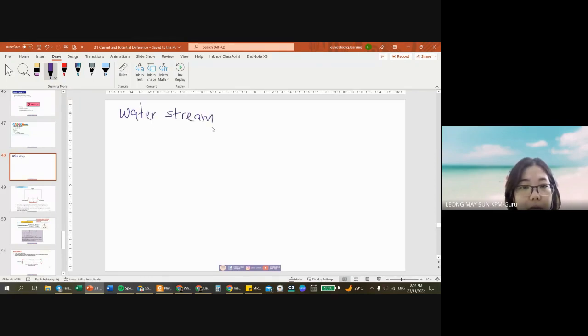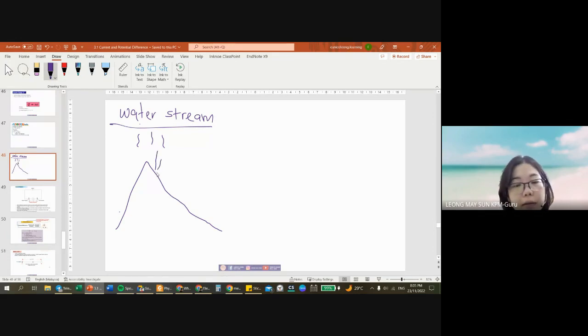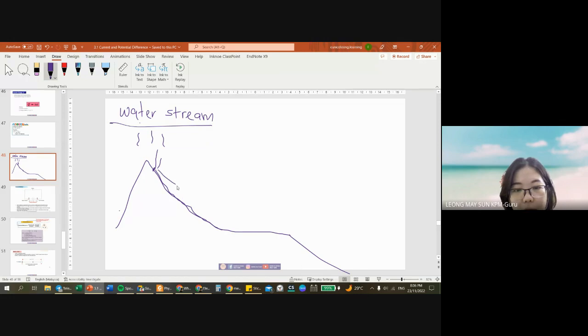Normally when it rains down from the clouds from the sky, there's a high mountain, so the water will reach the mountain area, and then the water will flow from the mountain area downwards to the stream, to the waterfalls, and then passing through the river, and then finally it will join back down to the sea.